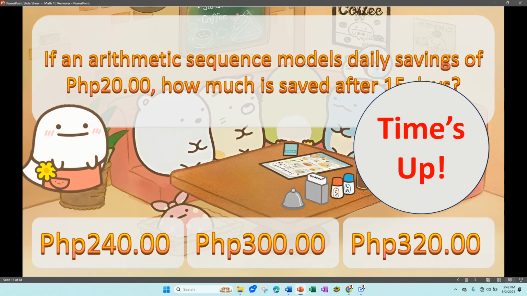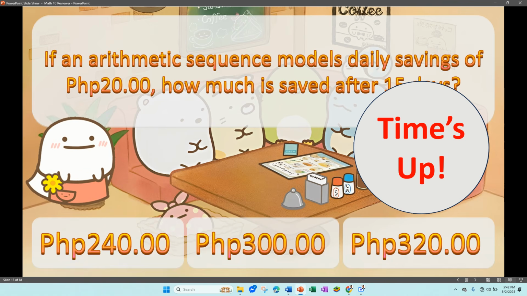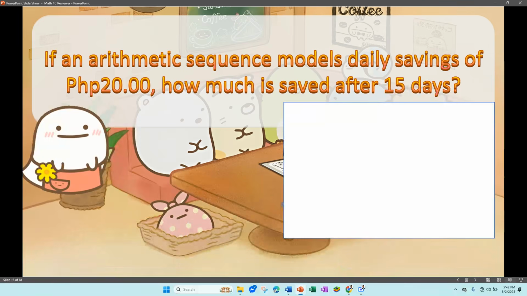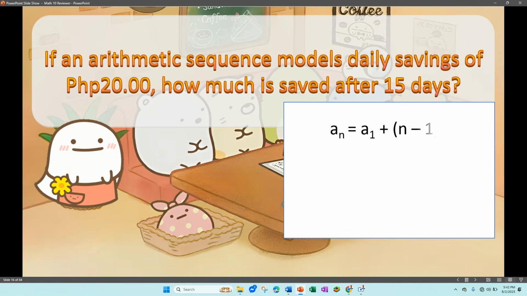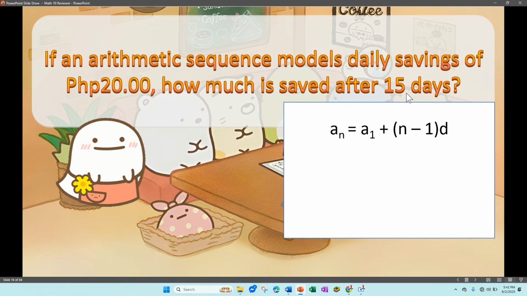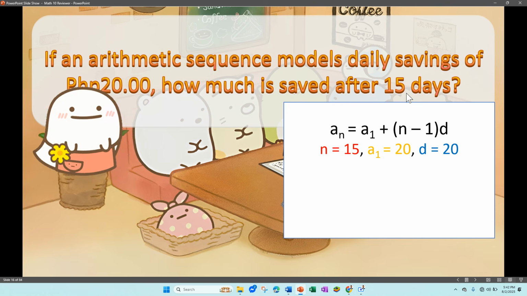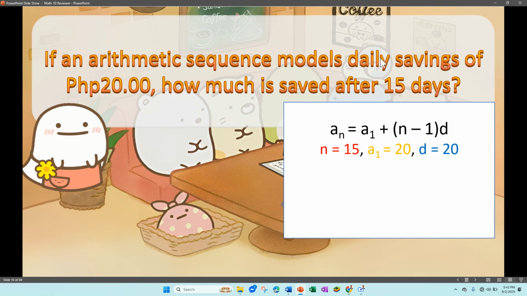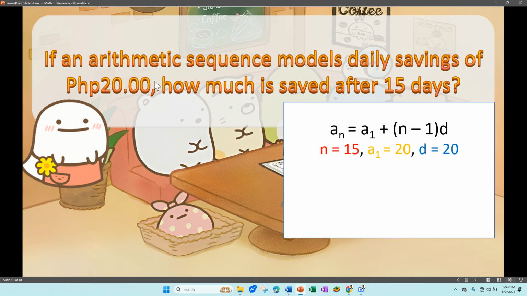Time is up. So dito, malalaman natin yung sagot using the arithmetic formula ulit for sequence. And ito po yun. Na kung saan po yung n natin is 15 and our first term is 20 and the common difference is also 20 because daily savings of 20.